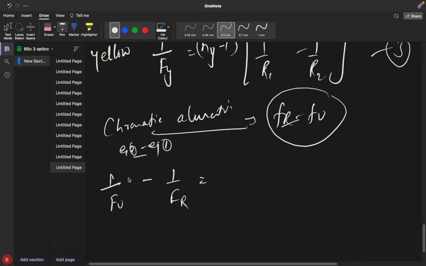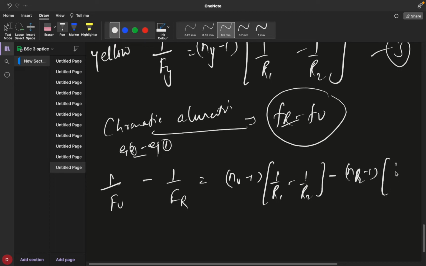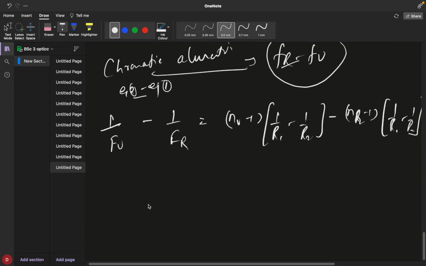We get (Nv minus 1) times (1 upon R1 minus 1 upon R2) minus (Nr minus 1) times (1 upon R1 minus 1 upon R2). Taking the LCM, this is (Fr minus Fv) upon Fr Fv.